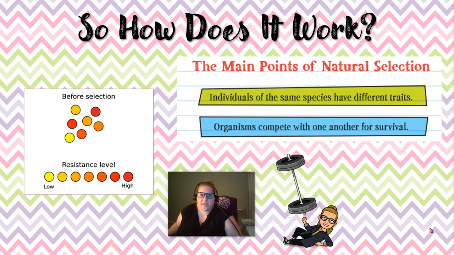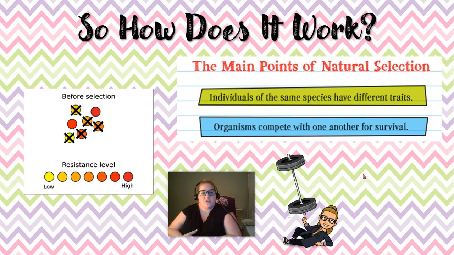If we were to introduce this population of bacteria to an antibiotic, we are going to see over time that the bacteria that is lower in resistance is going to start to die off and disappear. This is because they are not strong enough to withstand this antibiotic.